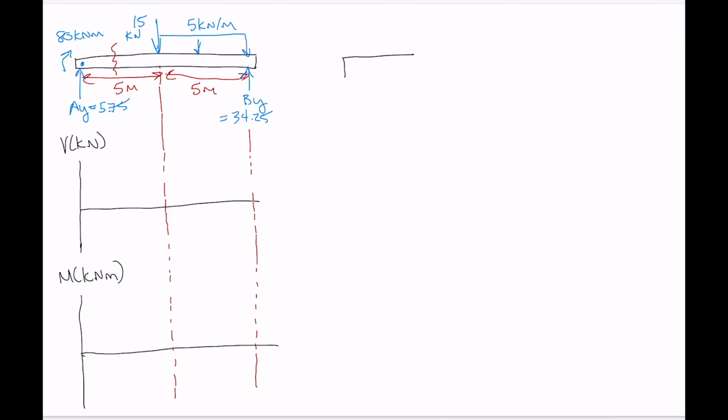So here's the left-hand portion of the beam for that section cut. So what have we got for forces on this? Well, we've got our support reaction force AY, which is 5.75 kilonewtons here. We've got our point moment, 80 kilonewton meters.